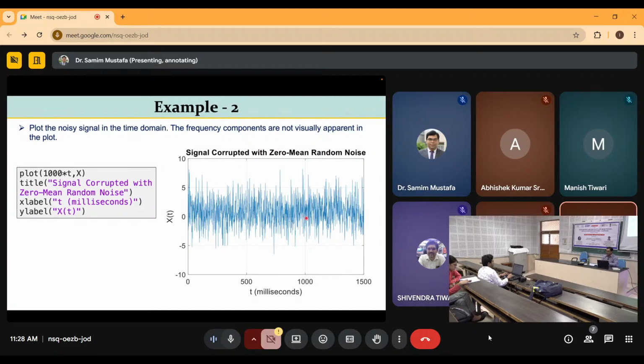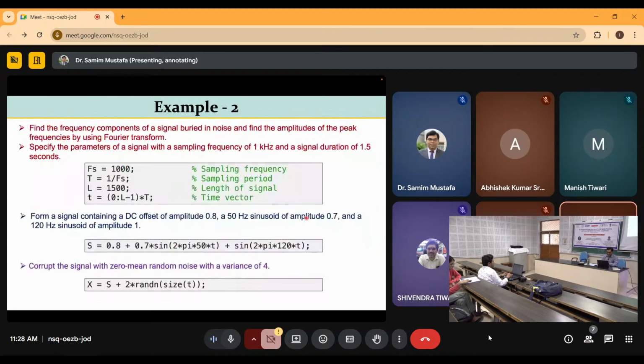Now the original signal has certain frequencies because it is calculated by combining an offset as well as two sinusoidal functions with certain frequencies. So if you go to the frequency domain, you will see the peaks at 50 Hz as well as at 120 Hz, probably, since the sine function is 120 Hz.